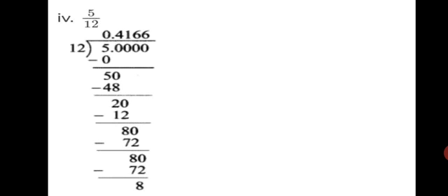Fourth sum, 5 upon 12. Now 5 we have to divide by 12. Now 5 cannot be divided by 12, so we take a point and we write zeros. You can start with 2 zeros and afterwards you will realize you need more. So you can add on the zeros anytime, not a problem, in the dividend.